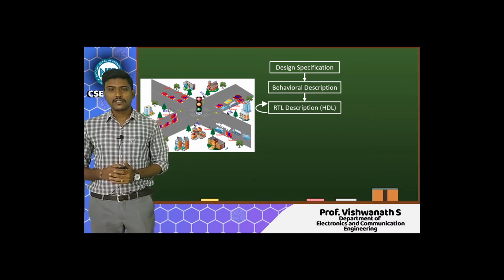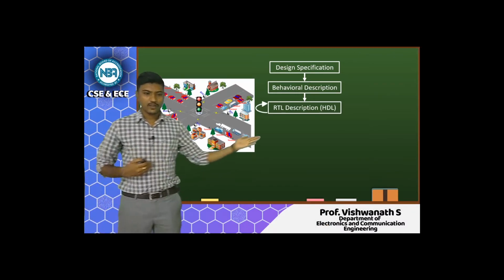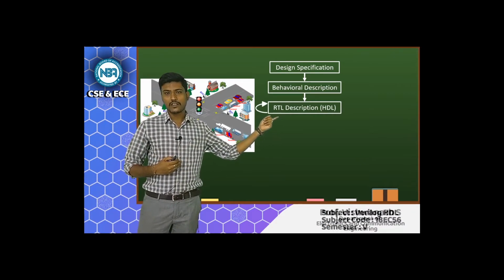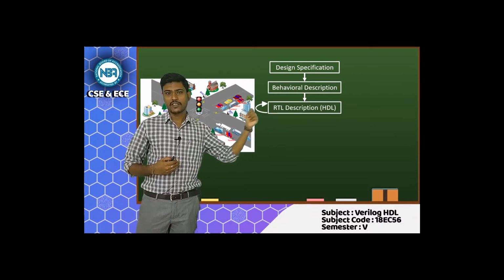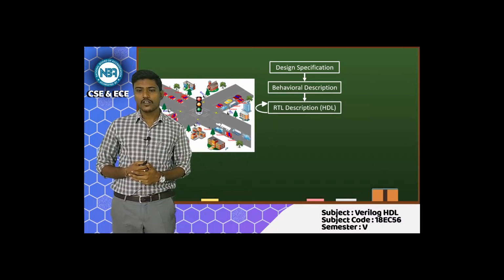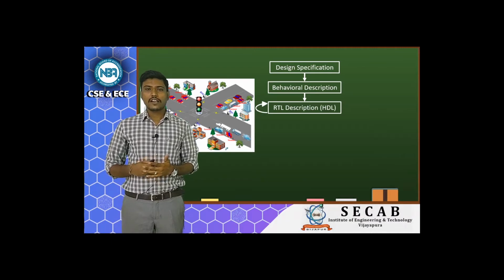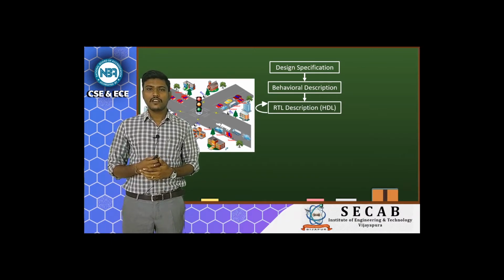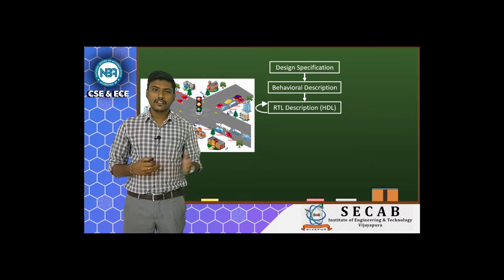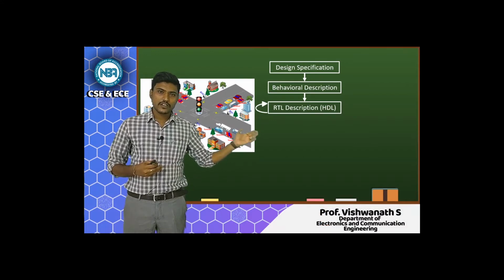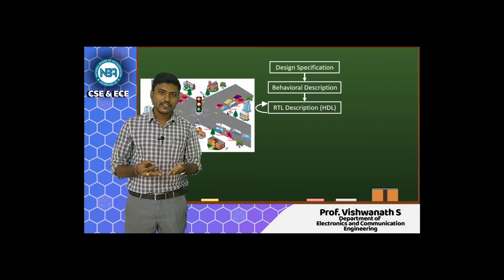Once this is ready, most of the RTL description part is taken care of by designers. Once the RTL description is ready, a designer has to check whether the functionality of the design he has written is going to work properly or not.